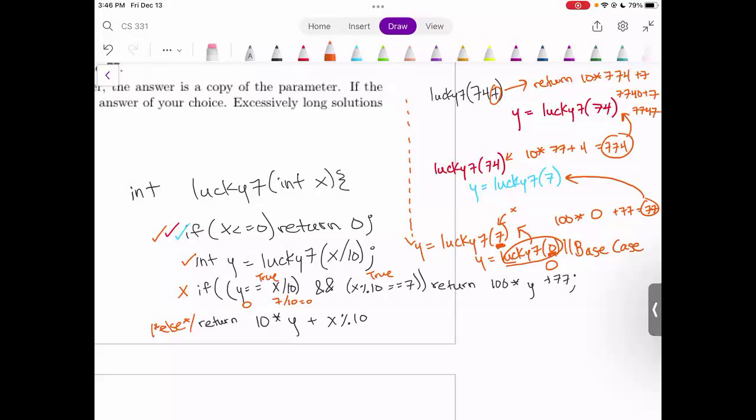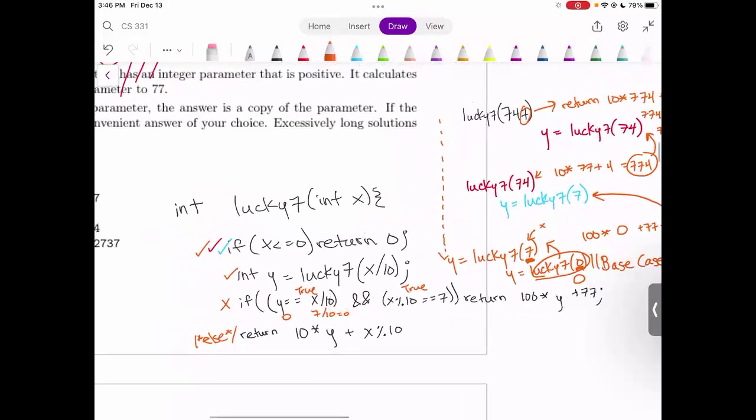Okay. Does anybody have any questions about this? Okay, I'm going to assume it was understood unless somebody has a question. Okay, we can move on to command lines.